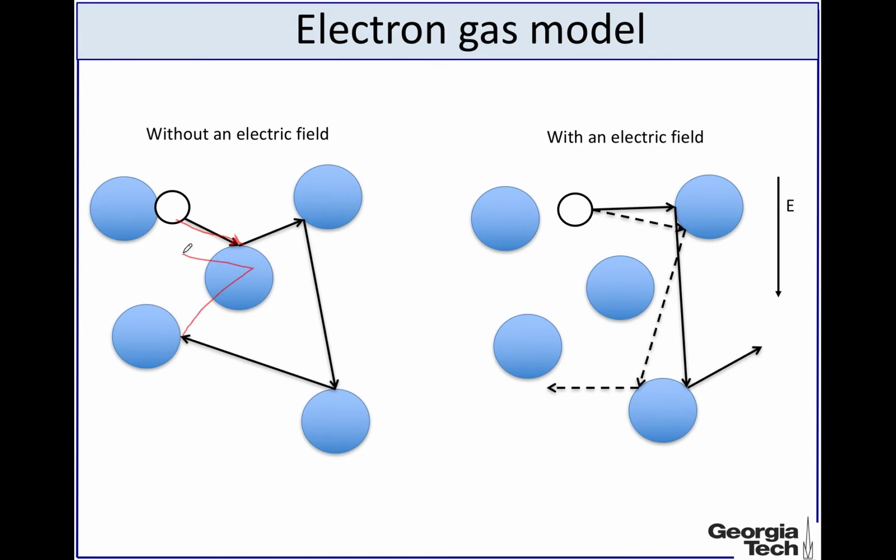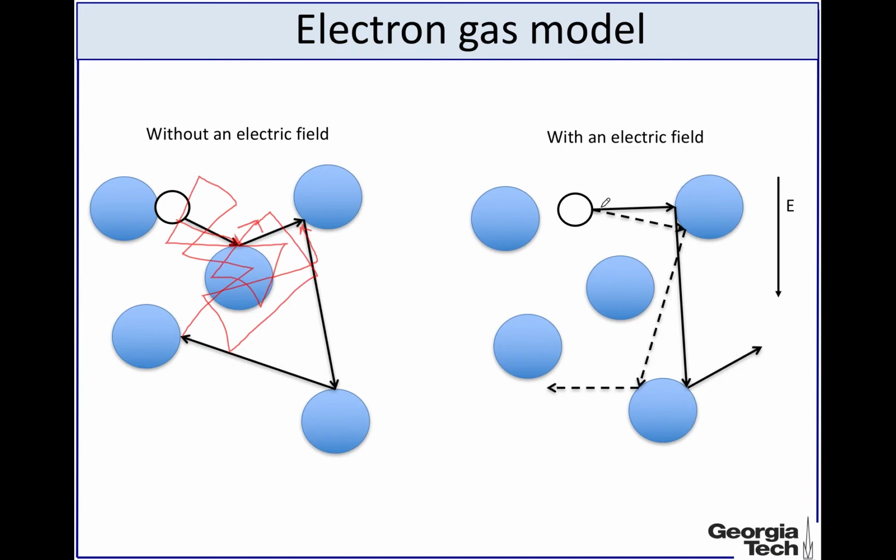It follows a very zigzag path when you have a charge carrier inside a metal. Now this is the case where there is no electric field. In that case, although it bumps around, the effective displacement of the charge carrier is 0.